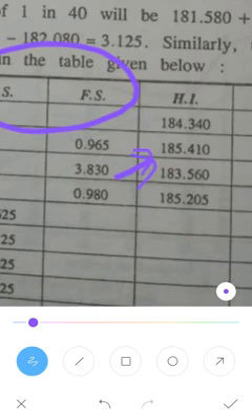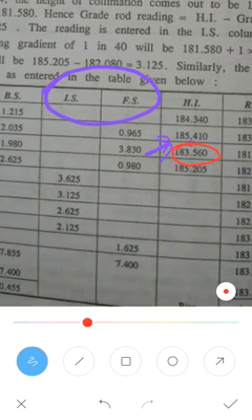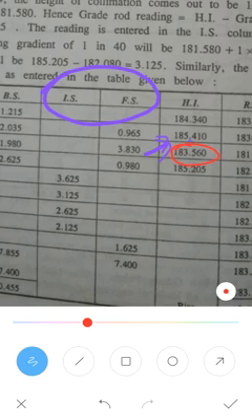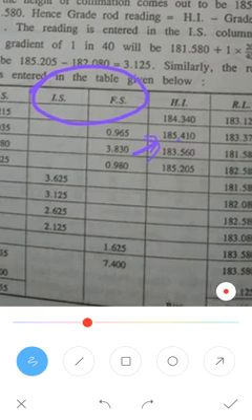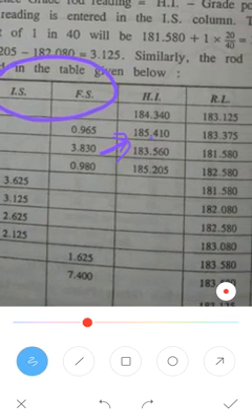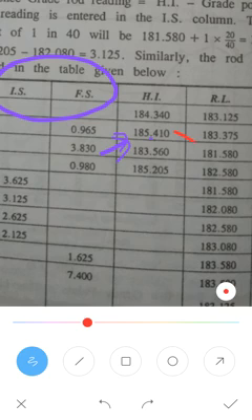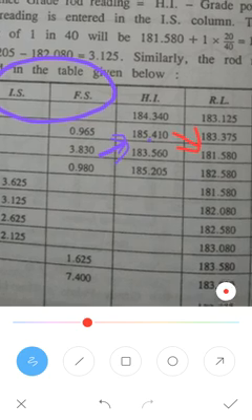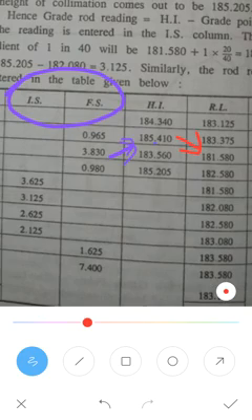If you subtract that, you will get the RL, which is 181.580.